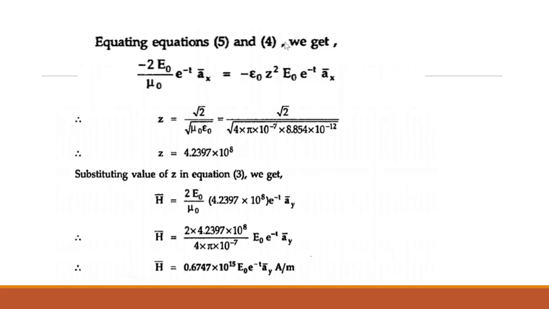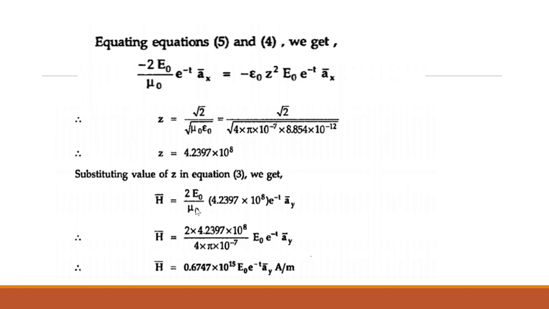But we can equate equation number 4 and 5 so that we can find out the value of Z. After equating 4 and 5, Z is equal to root 2 divided by epsilon naught square root of mu naught into epsilon naught. So Z is equal to 4.2397 into 10 raised to 8.